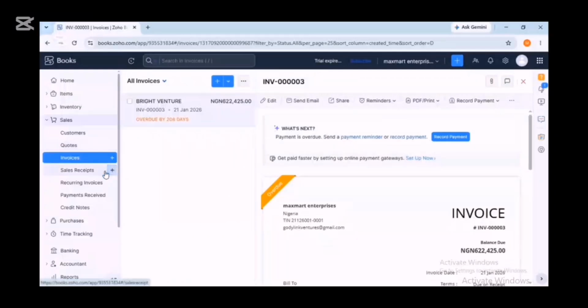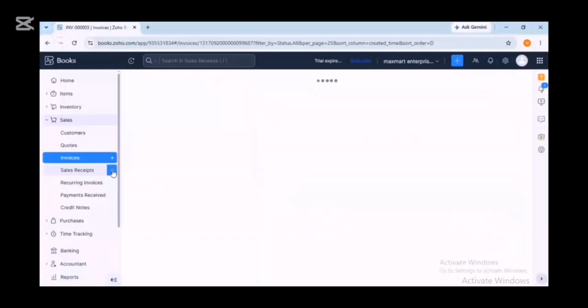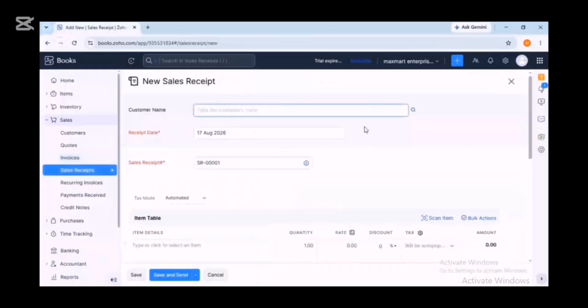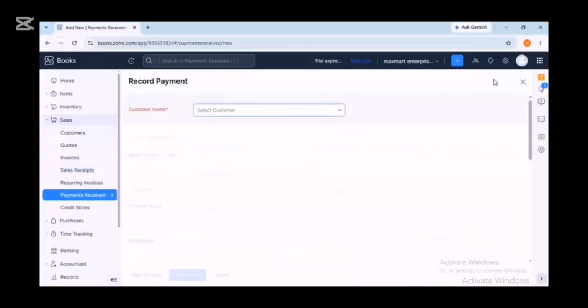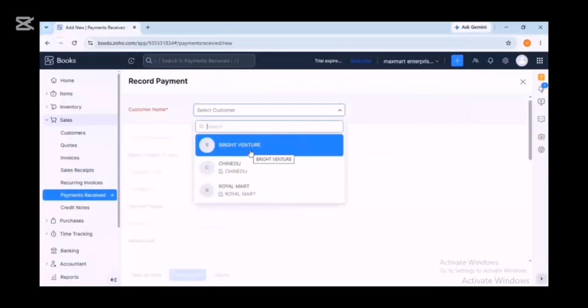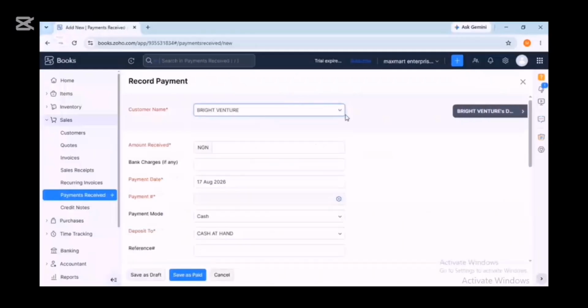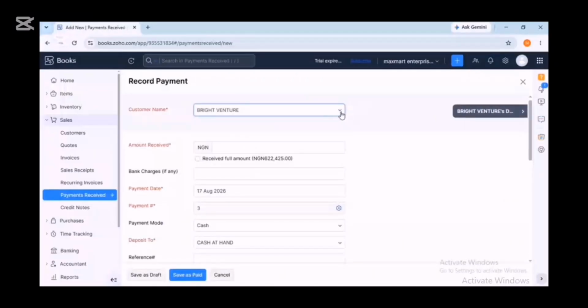So next, let's select receipt. No, rather it should be payment received. It says receipt, but he didn't pay instantly. He purchased on credit and later paid. So we rather select payment received.